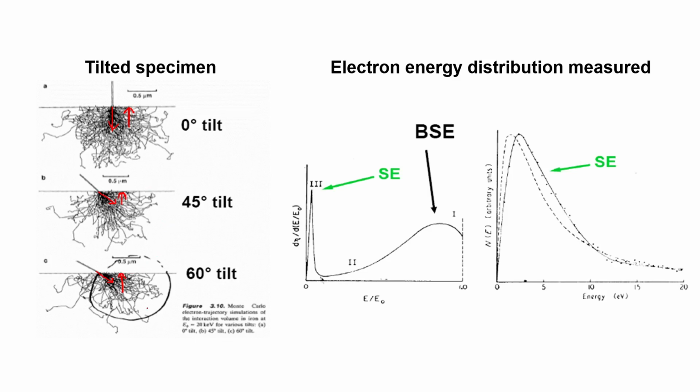So more electrons will be ejected at higher degree tilts as compared to the lower degree tilts. So as we increase the tilting, the electrons coming from the specimen will also increase. As a result, the image will be brighter as compared to the 0-degree tilt.